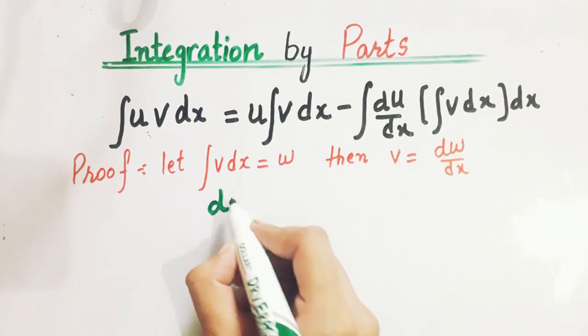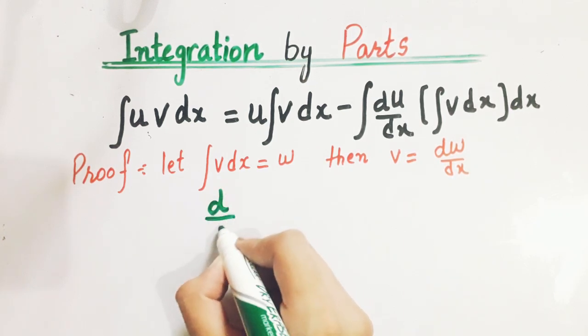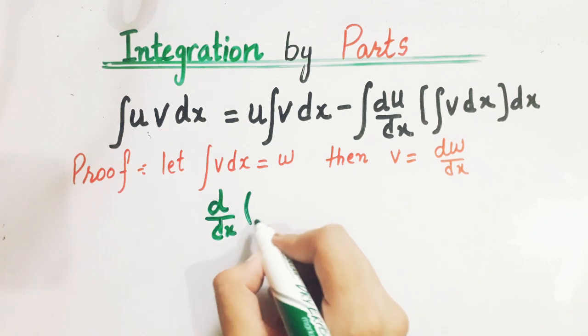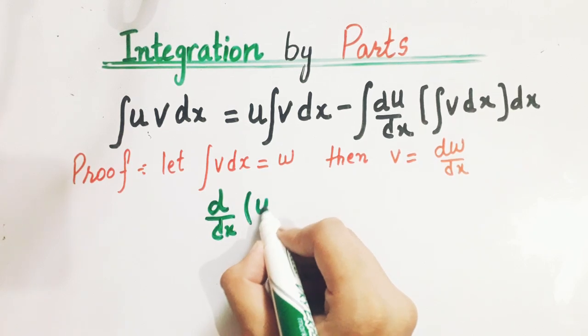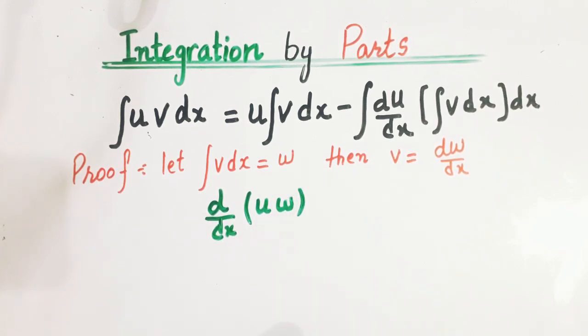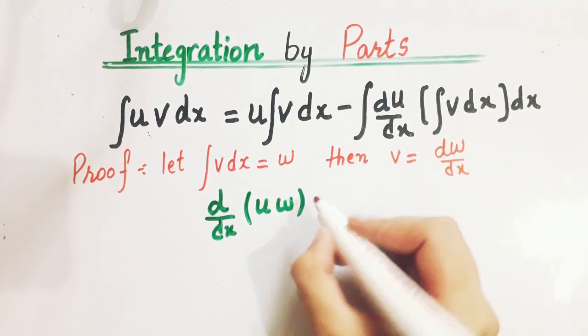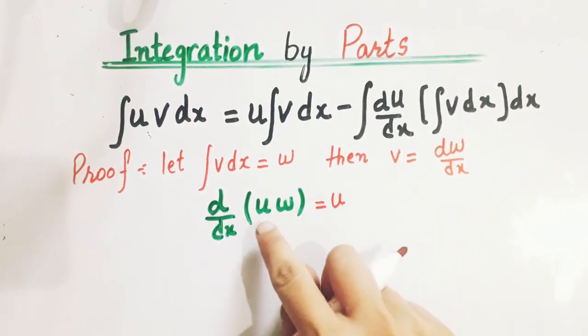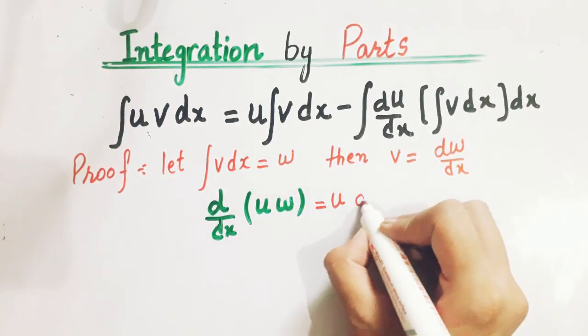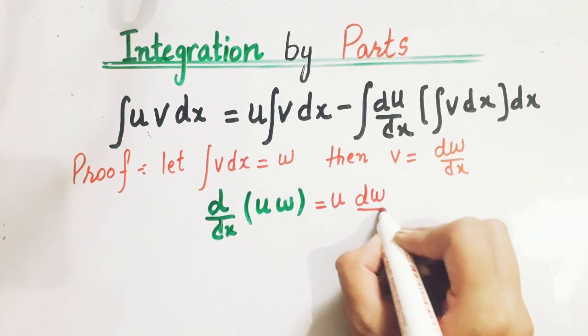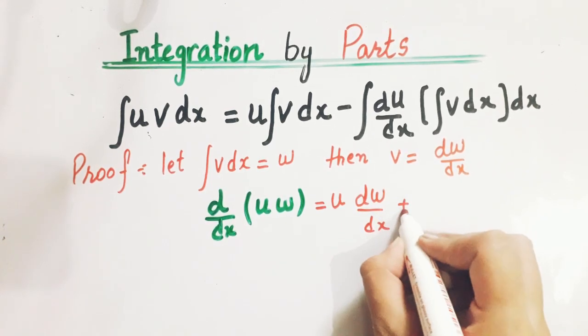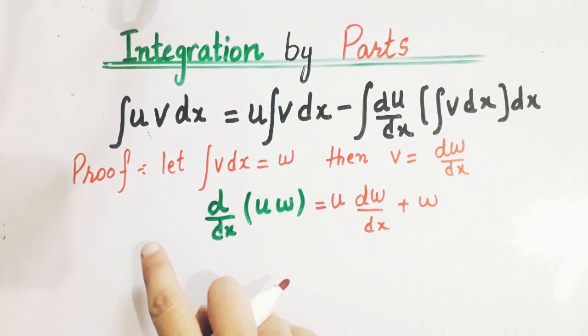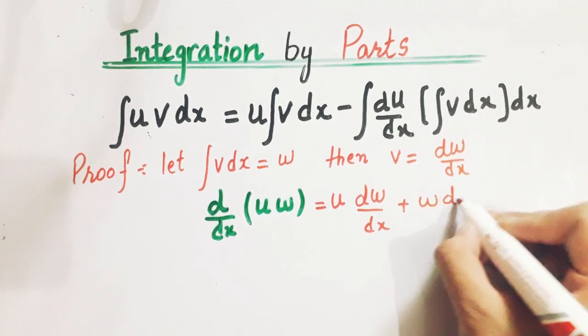So d by dx of u and w will be equal, by using the product rule, to u as it is times the derivative of the second function, plus w as it is times the derivative of the first function.